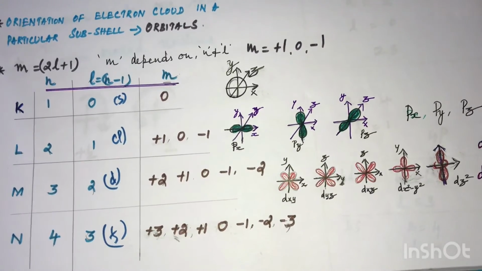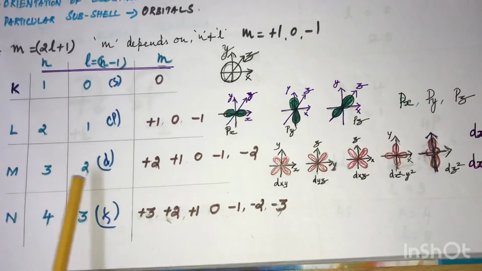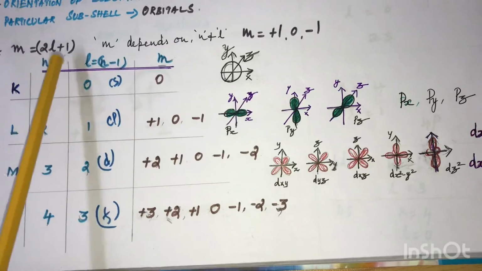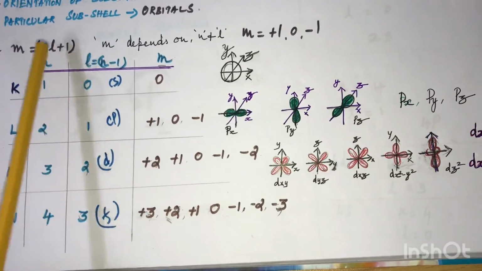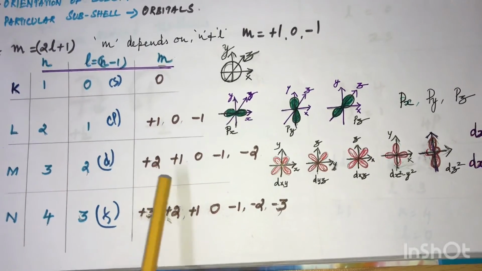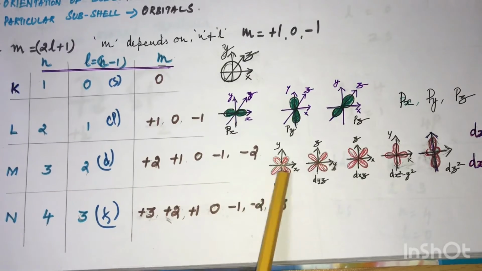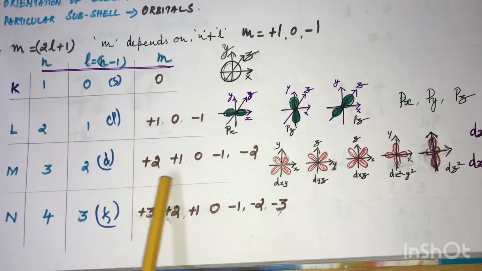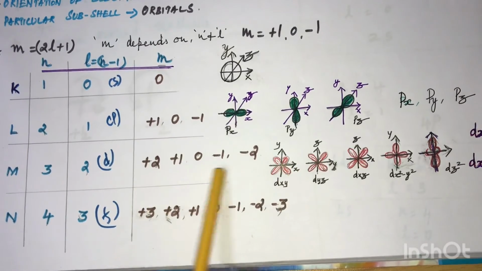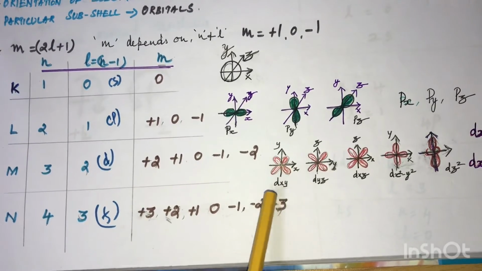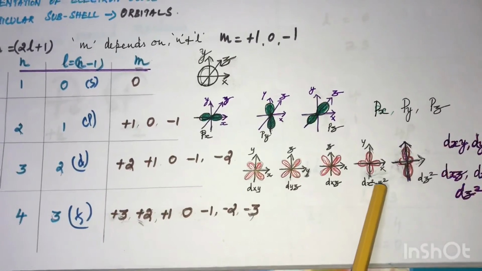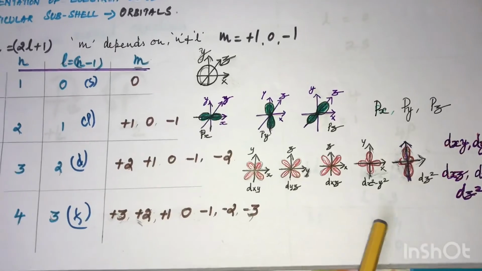Next one is the l value 2. For that, if we substitute the l value here, 2 into 2 plus 1, it is 5. So plus 2, plus 1, 0, minus 1, minus 2. For the l value 2, the m will have 5 possible magnetic orientations, that is dxy, dyz, dxz, dx square minus y square and dz square.